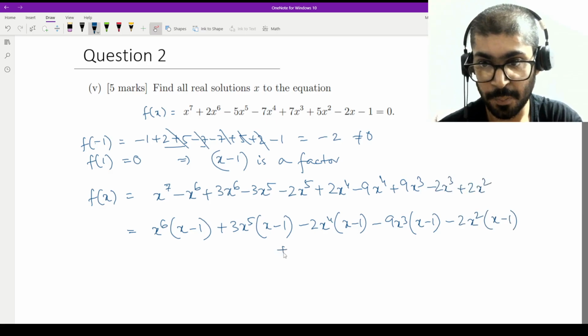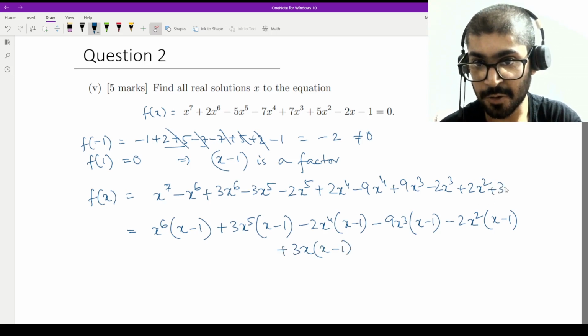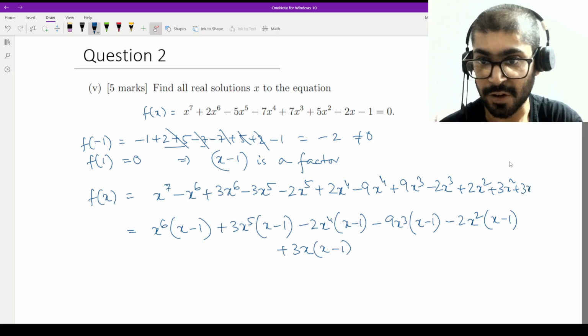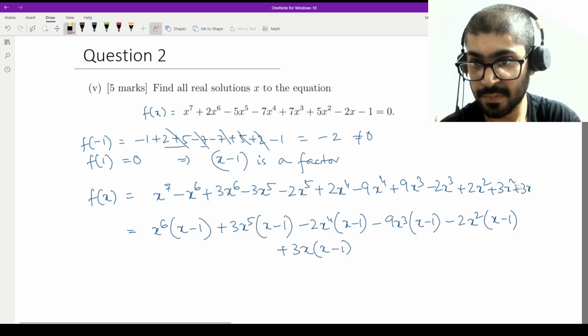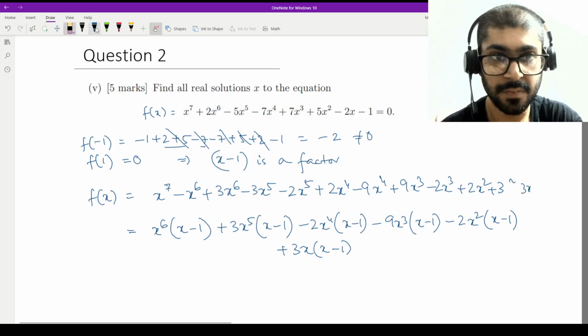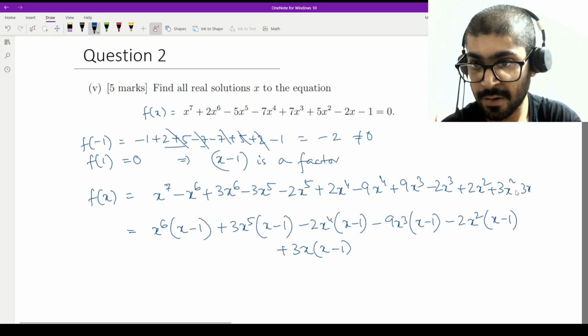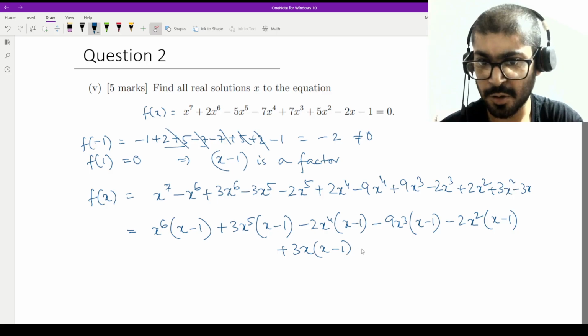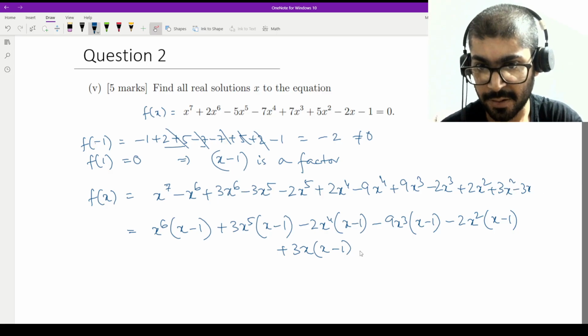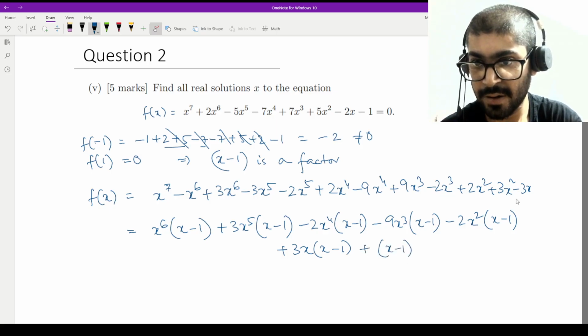Then I would have to go plus 3x into x minus 1, which would give me plus 3x square minus 3x. And then I can just go plus 1 into x minus 1, that would give me plus x minus 1. So minus 3x plus x will be minus 2x, and minus 1.